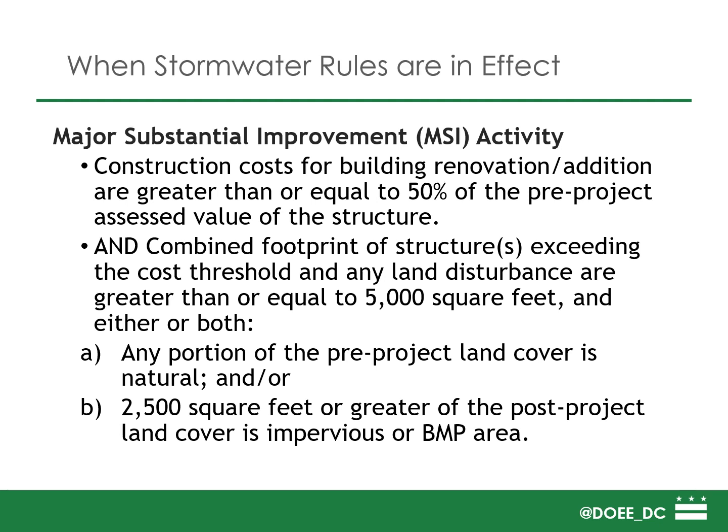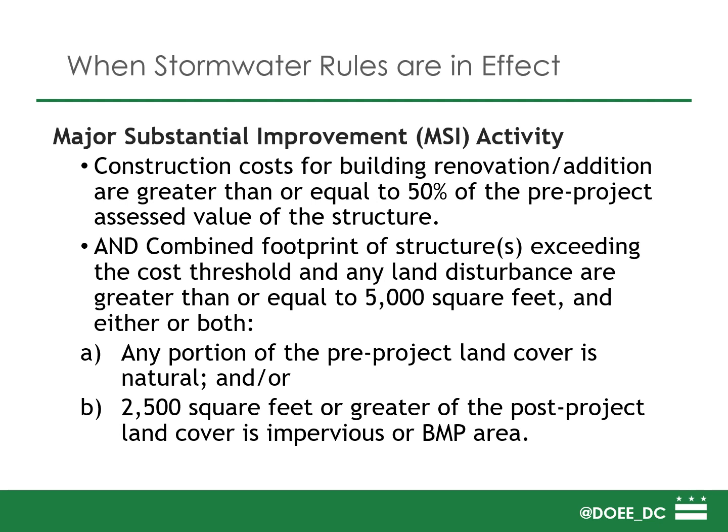And what makes it major is the combined footprint of that structure that's being renovated or added onto, exceeds the cost threshold and the land disturbance associated with that project. Those two together, the footprint and the land disturbance, are greater than or equal to 5,000 square feet.